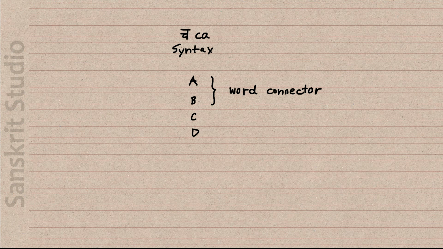So Rama and Krishna and Dasharatha, or something like that. Then we have the clause connector, if we are adding together, let's say, "she goes and he sleeps", or whatever.